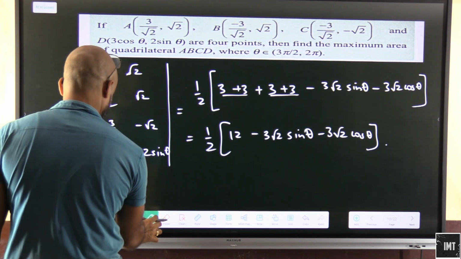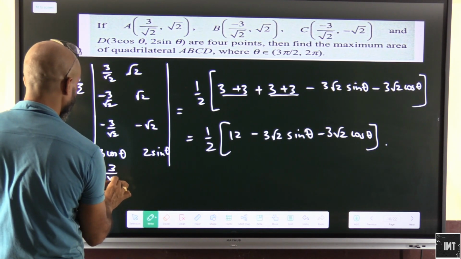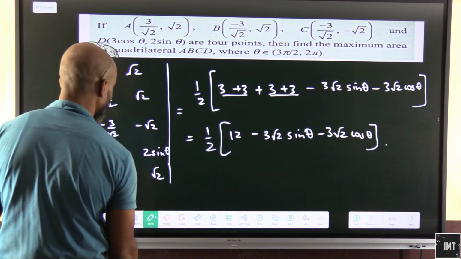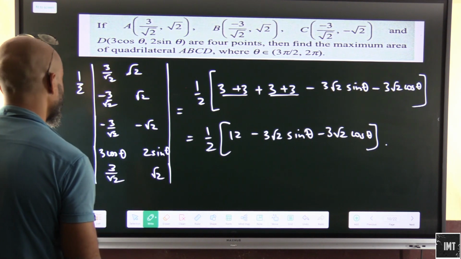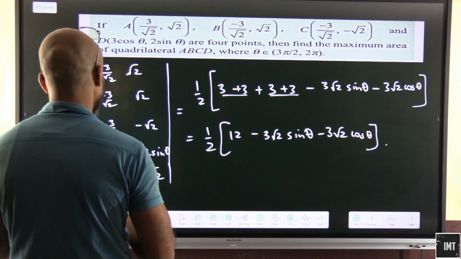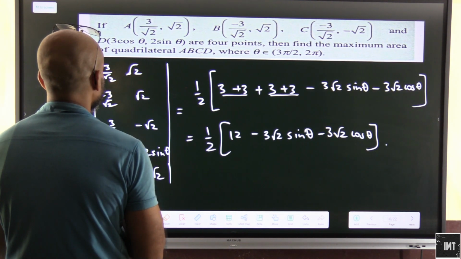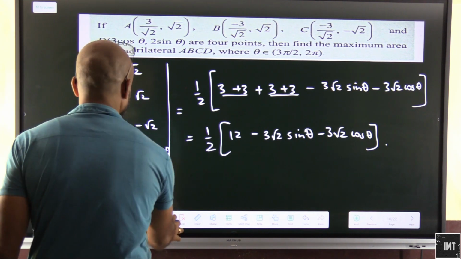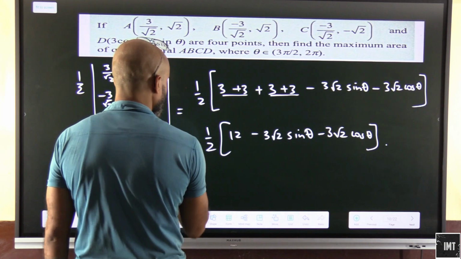We have missed out on placing 3 under root 2 and 2 here. Okay, let's do this once again, because we have to put the values of theta here.